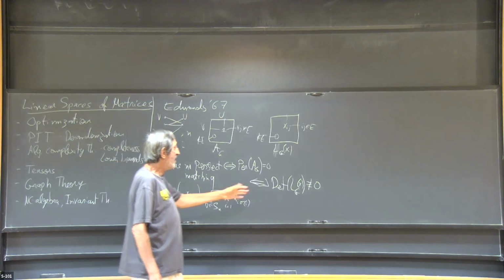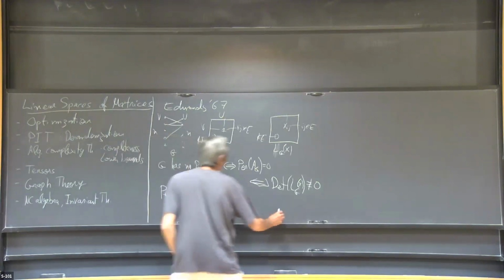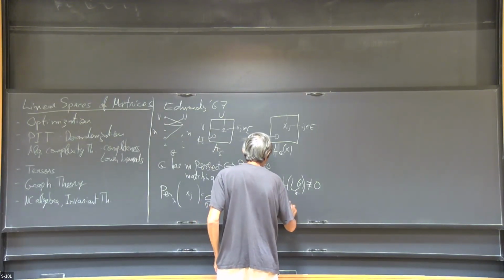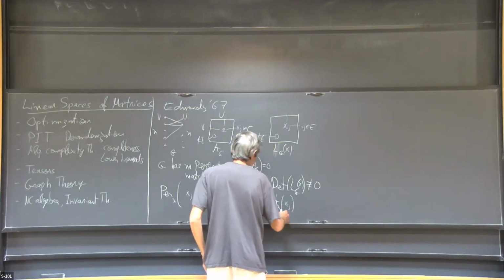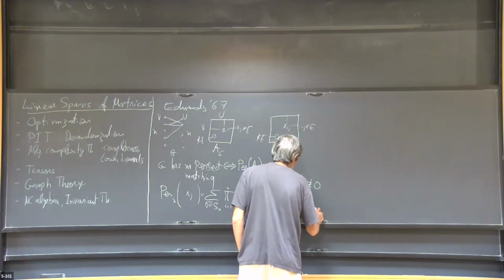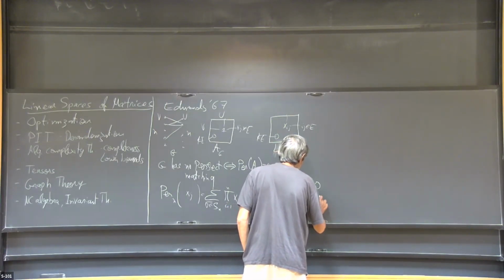The only thing which can go wrong, well, you know that in the formula for the determinant, the matrix is the same sum over the permutations, but we have (-1) to the sign of the permutation.